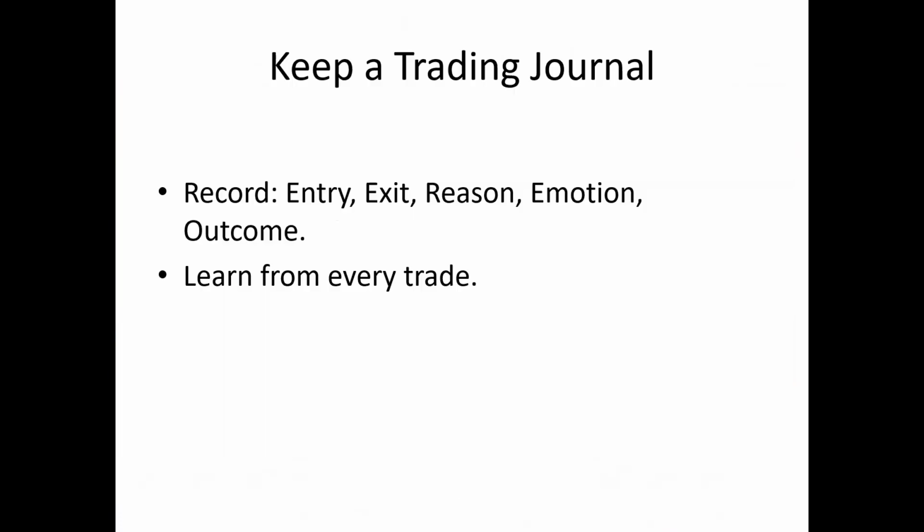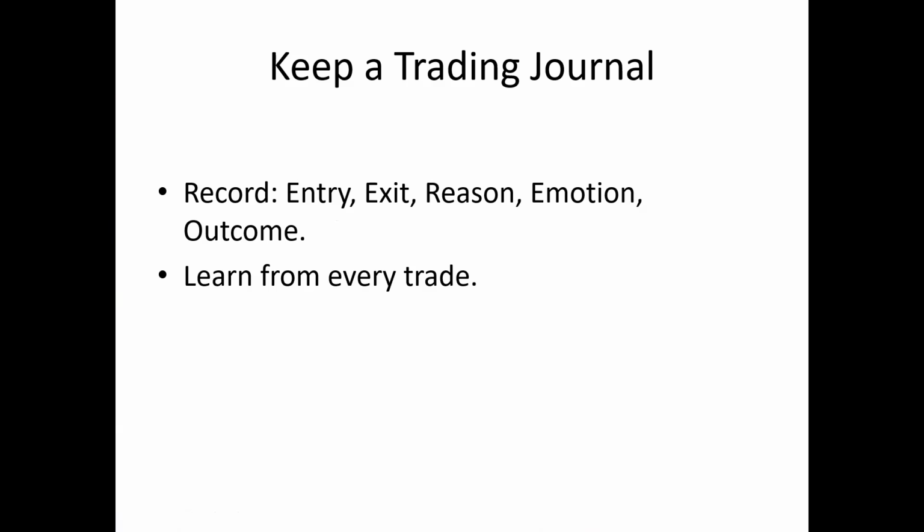Keep a trading journal. Record entry, exit, what is the reason, what are the emotions, what is the outcome. If you start journaling the trade, you will learn from every trade. That is very, very important.